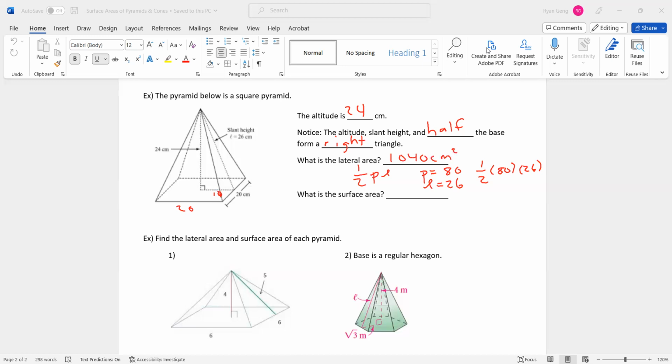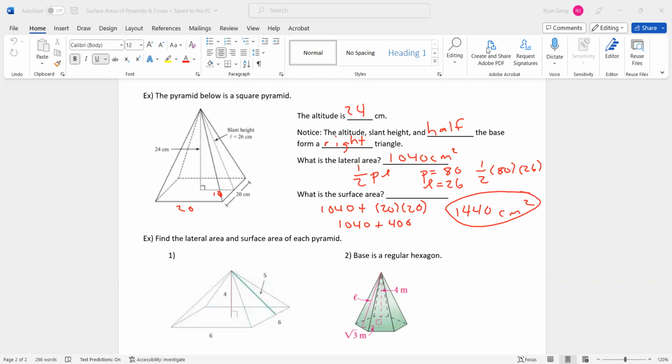What is the surface area? Well, it's the 1,040, the lateral area, plus the area of one base. The area of the base is just a square, so it's 20 times 20, which is 400. So 1,040 plus 400 would be 1,440 centimeters squared. And that is the surface area.